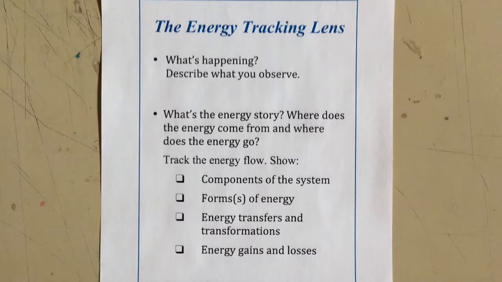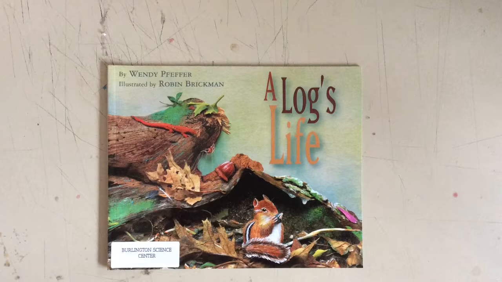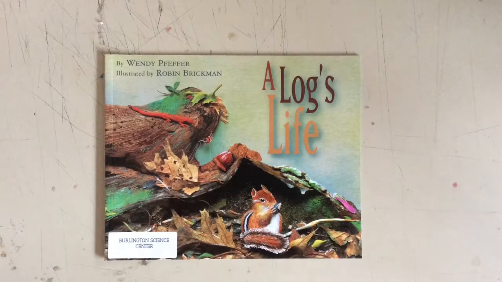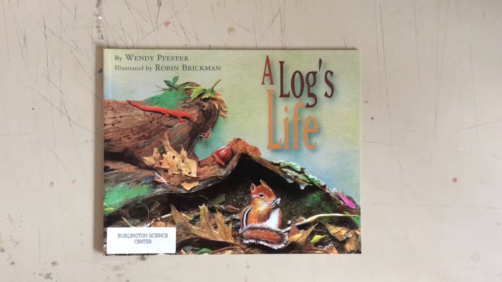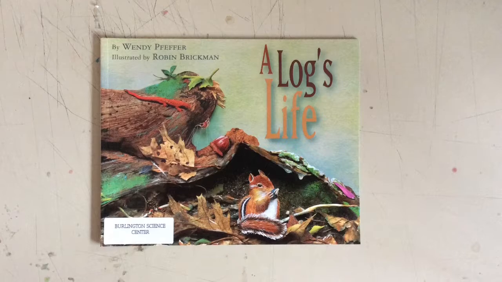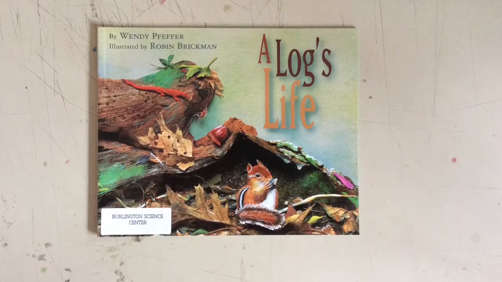To track the energy flow, the first thing we need to do is identify the components of the system. Have students refer to their notes about what some of the components of the system were in A Log's Life. Components include the producers, the consumers, and of course the natural elements such as sunlight, water, and air.